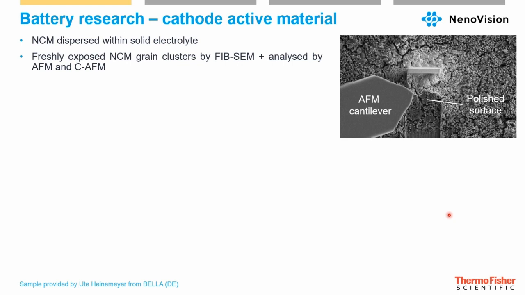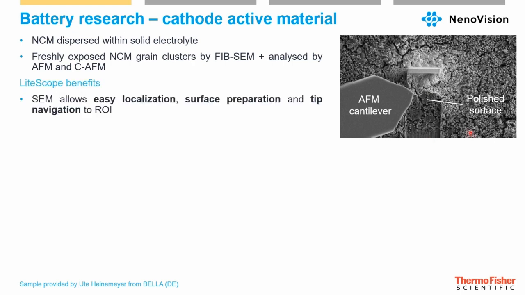So using in-situ characterization, you can use a focused ion beam. With an optimized workflow, you can prepare nice cross sections, and then you can come with the AFM tip without any worries about contamination or oxidation.